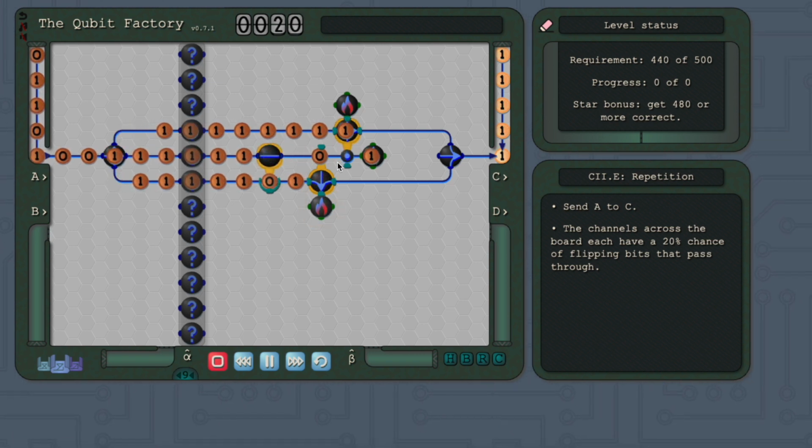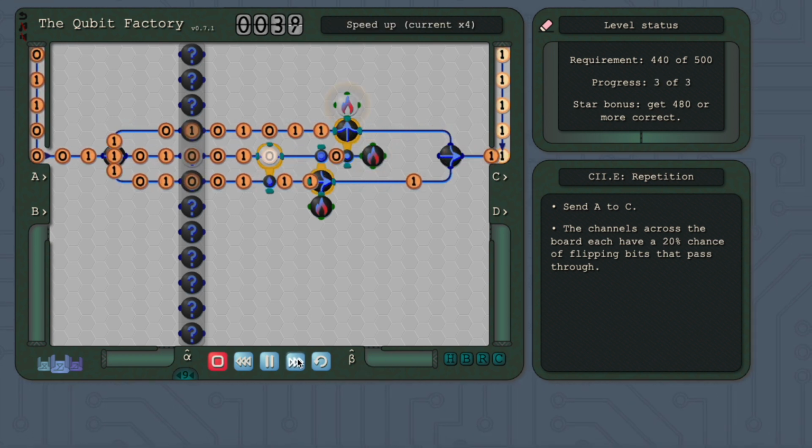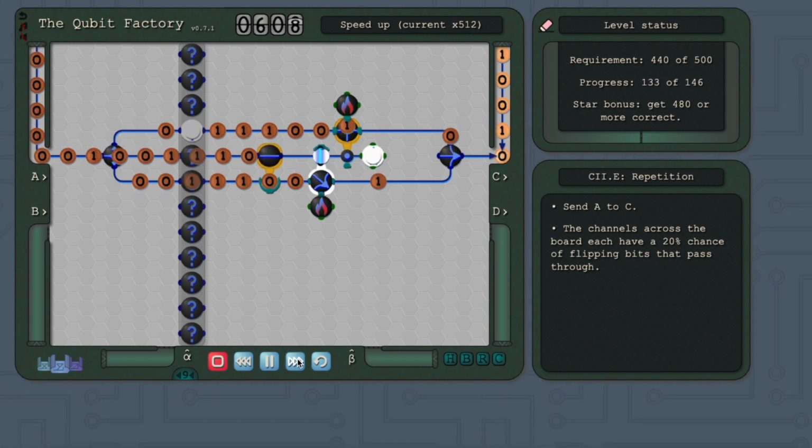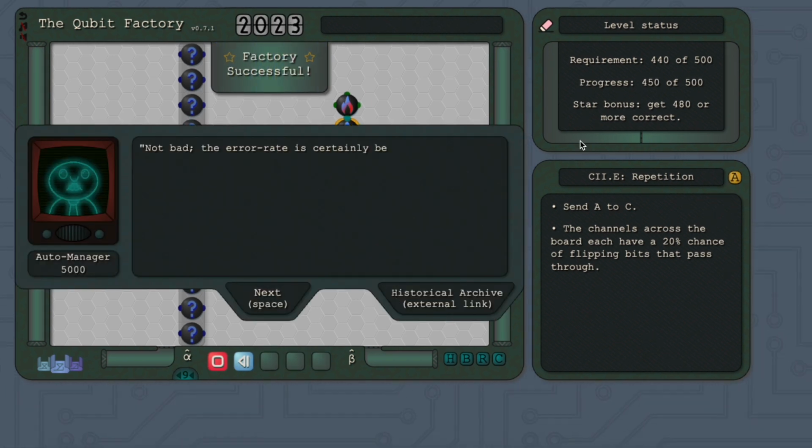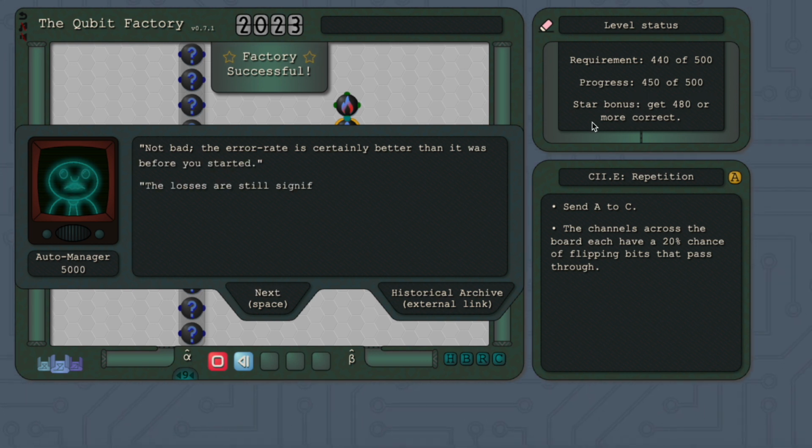They were different, so the top rail gets output, and we see that we have the correct value. Let's speed this up to see if this works in aggregate. And there we go. 450 out of 500 correct, so we passed the level.